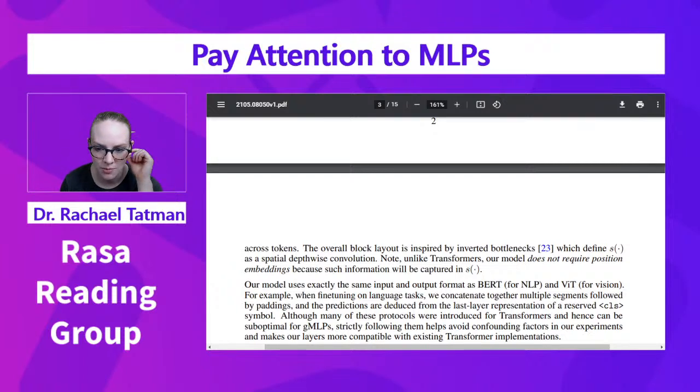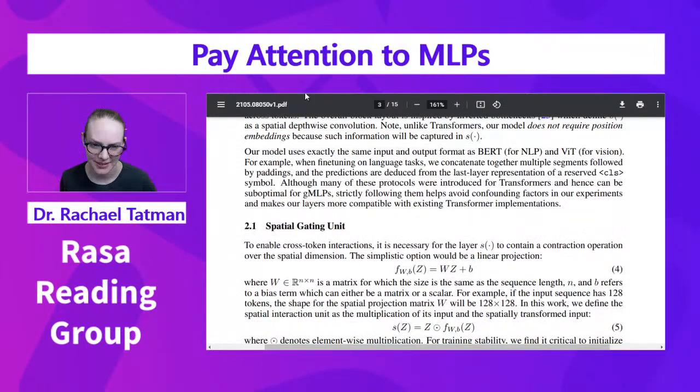Unlike transformers, our model does not require position embeddings because such information will be captured in S. Okay, so the information that's in positional embeddings in transformers is just picked up by the structure of the network, like in recurrent neural networks. Or I guess recurrentness, the fact of being recurrent. Y'all know what I mean.